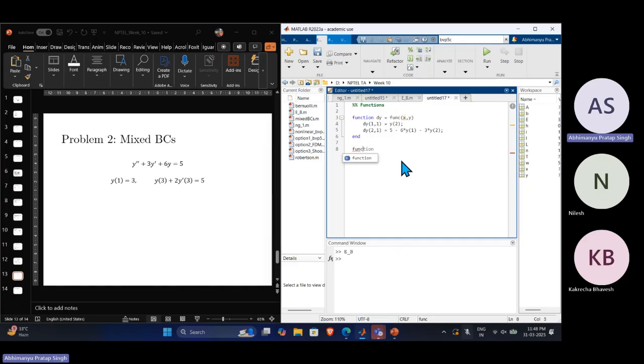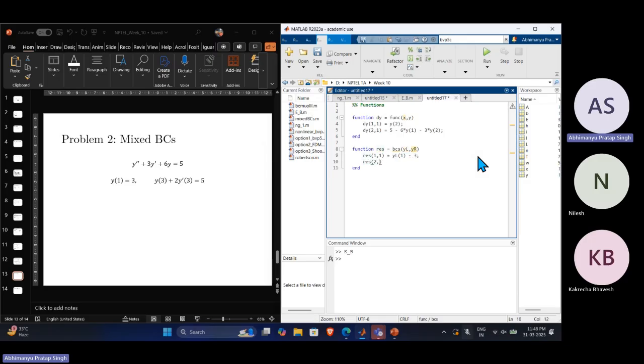Next is the function for the boundary conditions. So residual boundary conditions, one at the left boundary and one at the right boundary. This is residual at 1 comma 1. That should be the simple term, so YL1 minus 3.